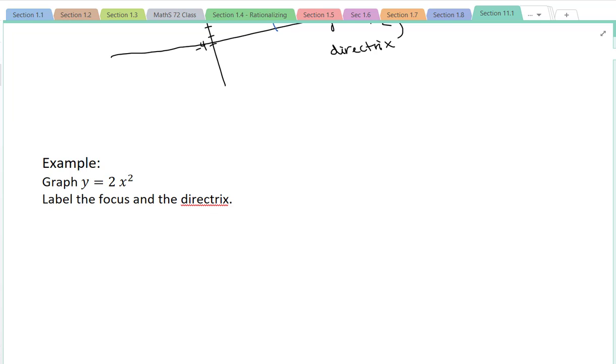All right, so for this second example, graph y equals 2x squared. So again, think about first, is it a vertical axis or horizontal axis parabola? I still have x squared, so this is still a vertical axis.